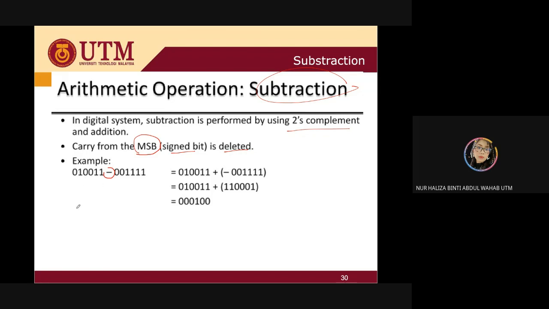What happened? Let's say I have 7 minus 5 equal to what? So over here, what I can do is 7 plus negative 5. It is similar. If let's say I have 8 minus 9 equal to whatever, then you have 8 plus negative 9.